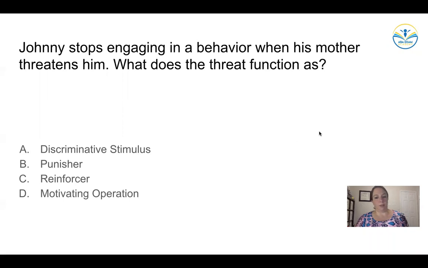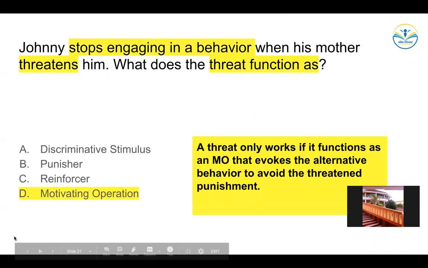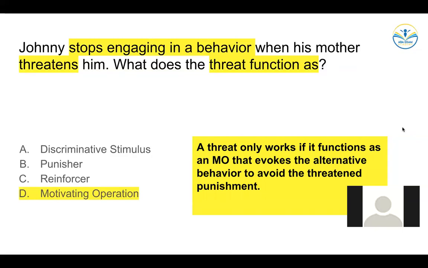All right. You guys ready for the answer? Yes. Go for it. Not what you guys expected. Whoa. It is motivating operation. Okay, so it says here, Johnny stops engaging in a behavior. He actually does stop when his mother threatens him. So even though it's a threat, it worked, okay? What does that threat function as?